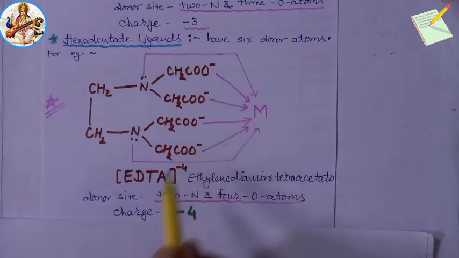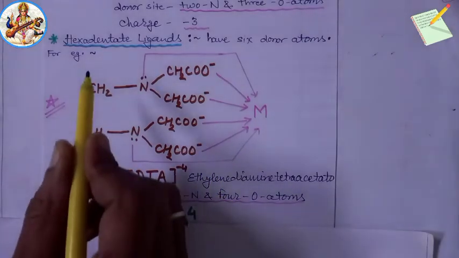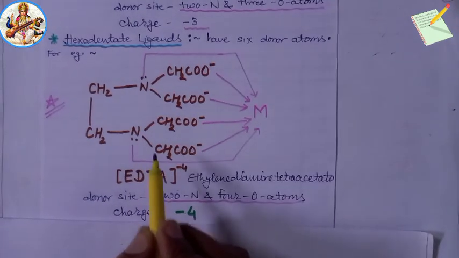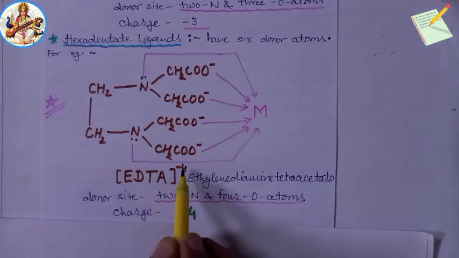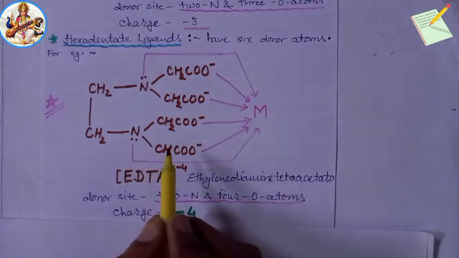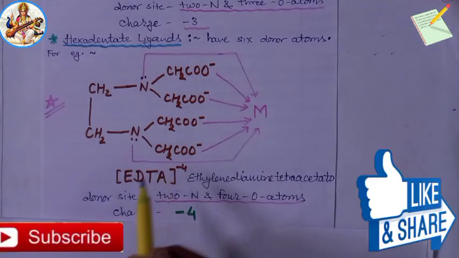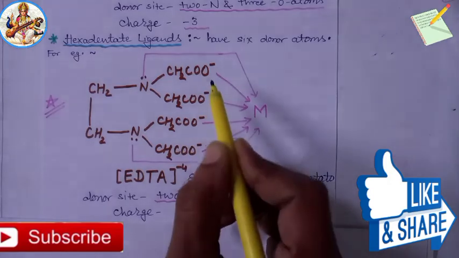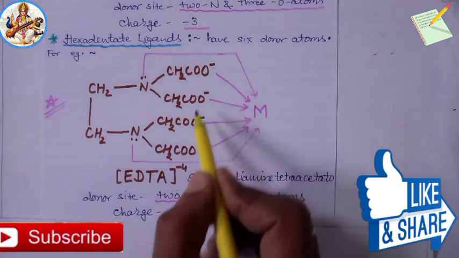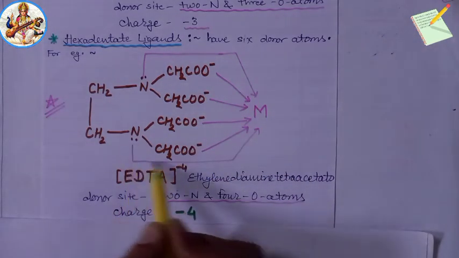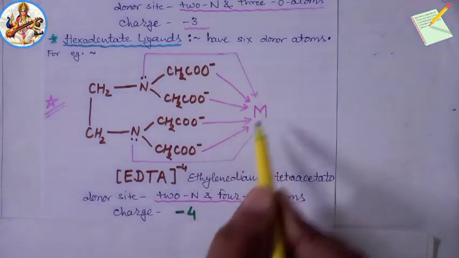So EDTA 4- is a hexadentate ligand, whereas EDTA 3- is a pentadentate ligand. Here donor sites are 4 oxygen, 1, 2, 3, 4, and 2 nitrogen atoms.